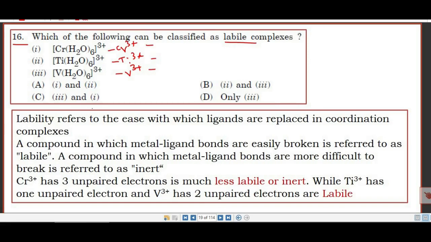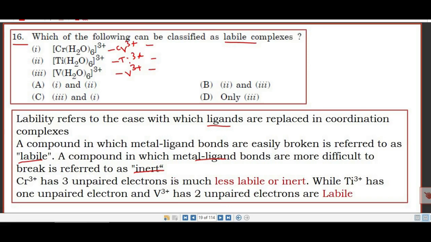Lability of the complex refers to the ligands which are replaced easily in the coordination complex. If the metal ligand bonds are easily broken, it is referred to as labile, whereas if the metal ligand bonds are more difficult to break, it is referred to as inert.